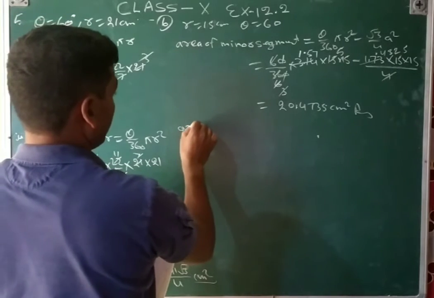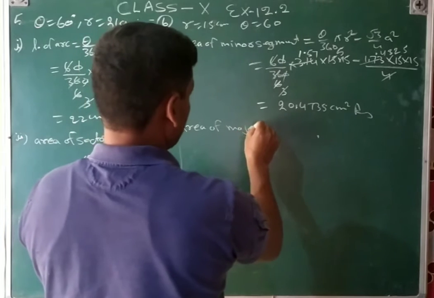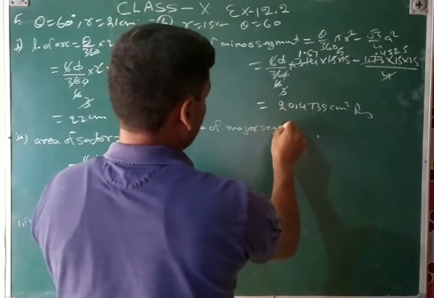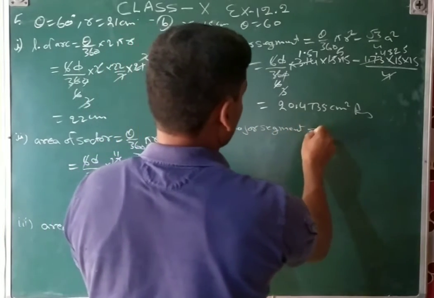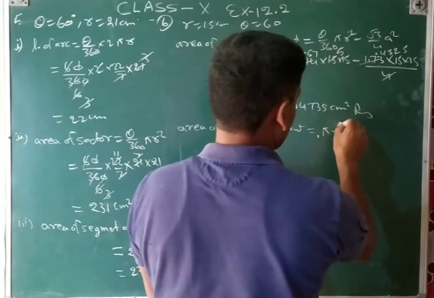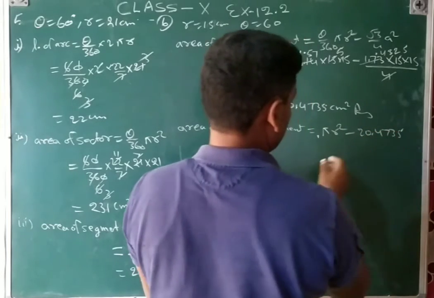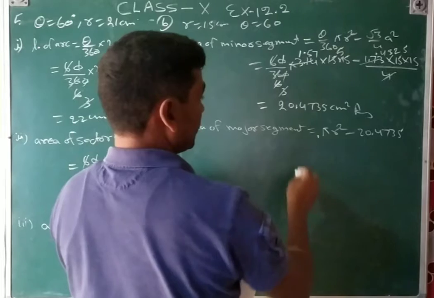this is the now area of major segment is equal to, that will be area of circle pi r square minus 20.4735, that is a minor segment.